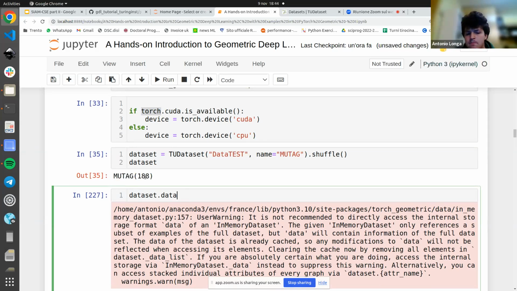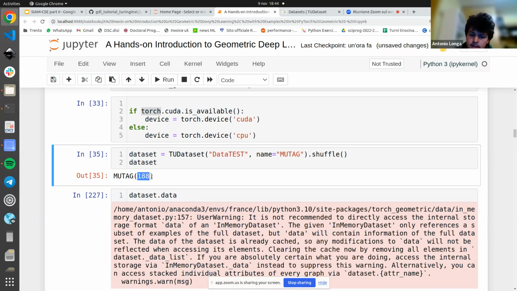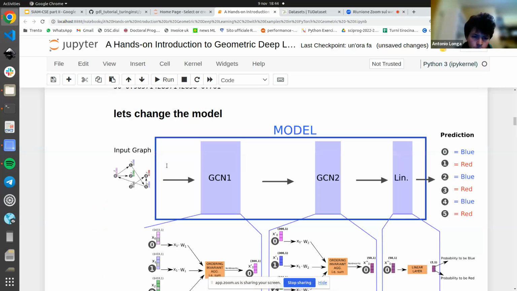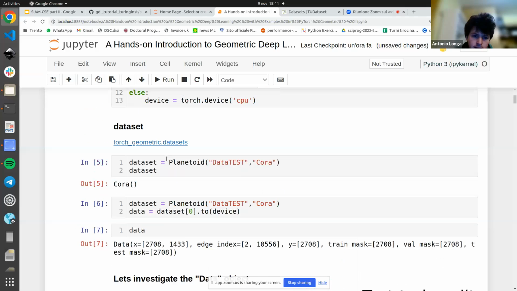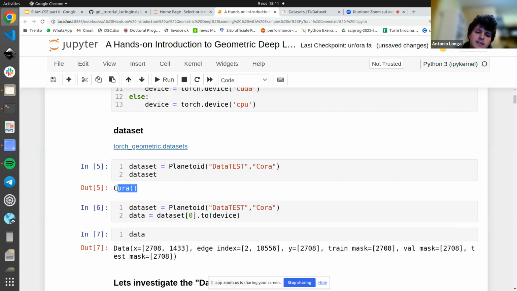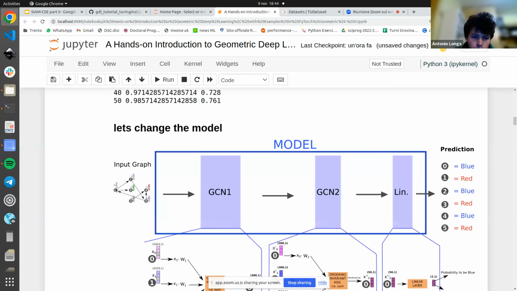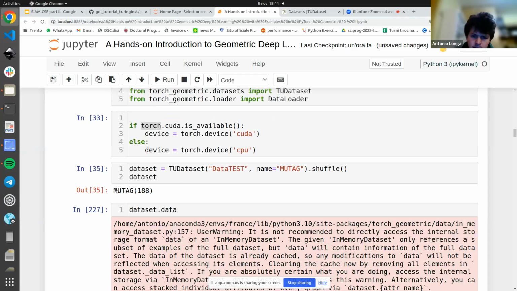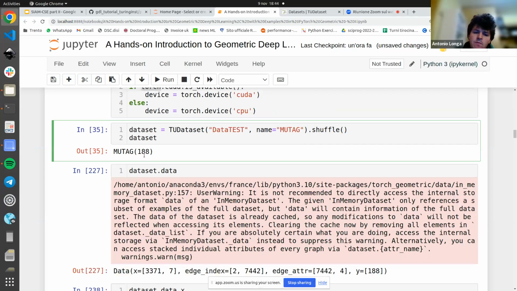So if you remember, when we downloaded Cora, you can see that was the name of the file and no number inside here. So let me show you really quickly. It was Cora, like this. It means that Cora was a unique huge graph, while here in MUTAG, sorry, we have 188 graphs.